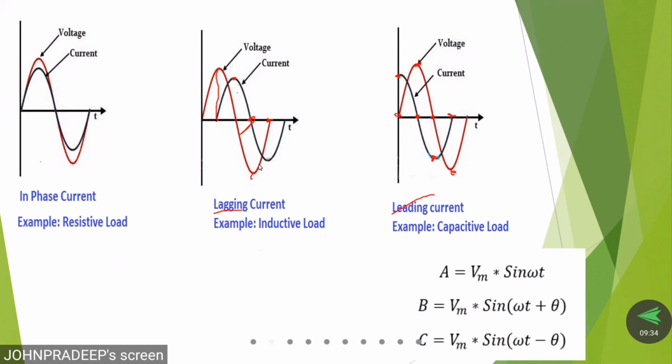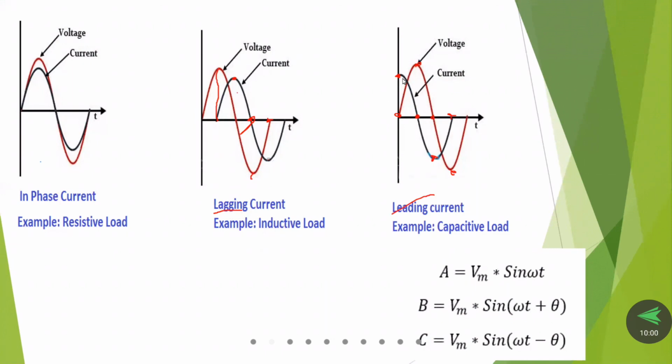So in these two cases, lagging and leading, the highest values do not reach the same instant of time. Sometimes the voltage may reach it first, sometimes the current. If the current is behind the voltage, that concept we call lagging current.